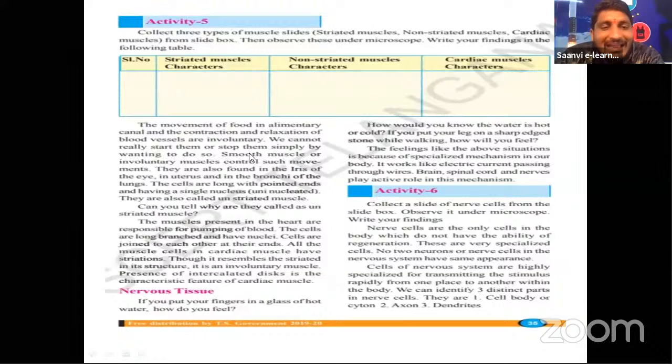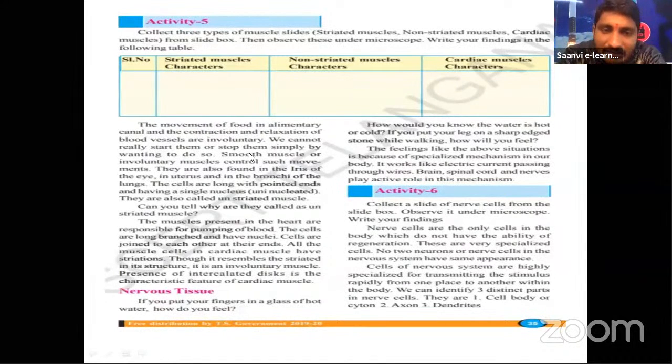These cells are long with pointed ends and have a single nucleus, that is, uninucleated. Striated muscle is multinucleated because many nuclei are present in the cytoplasm.